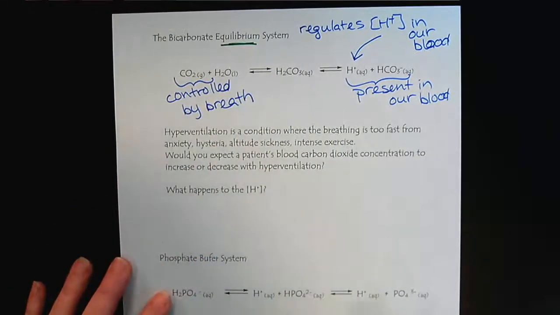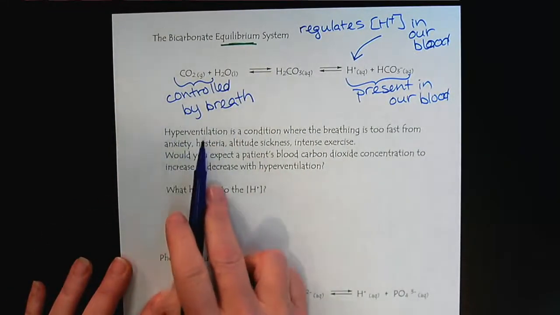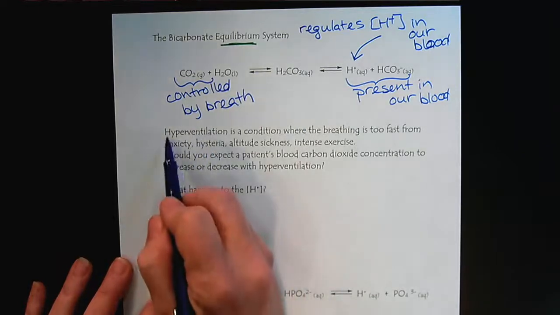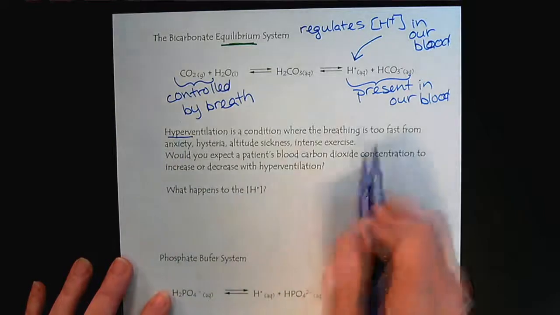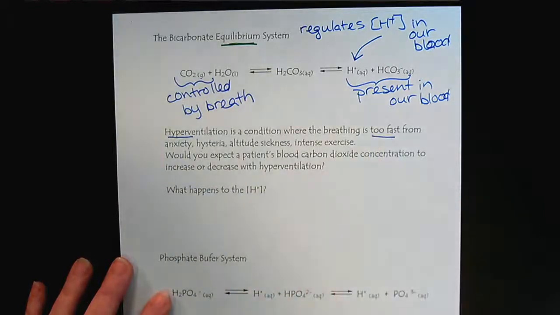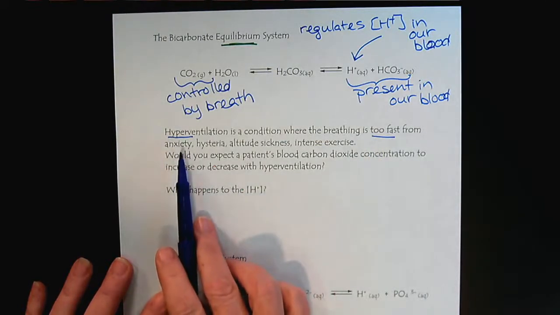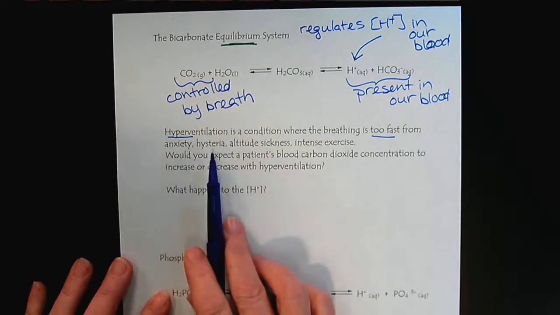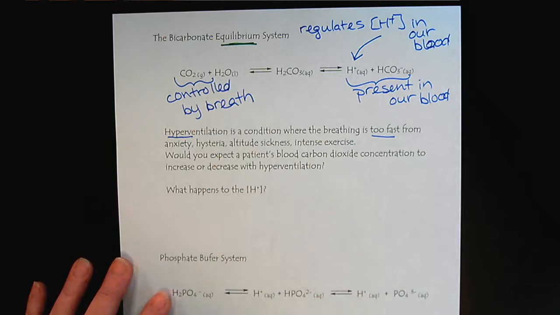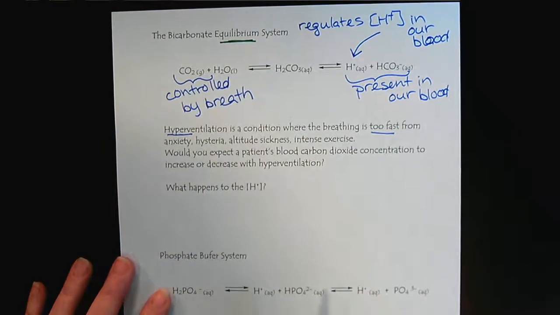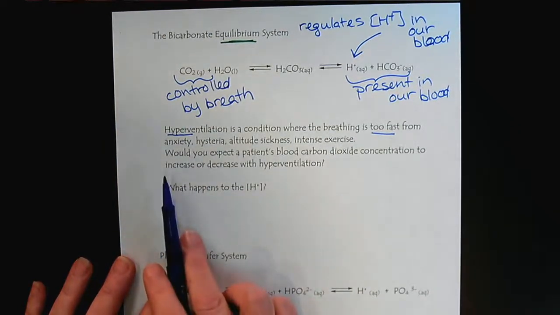So let's look at the example of hyperventilation. Hyper, like someone's hyperactive, too much energy. Hyperventilation, too much breathing, comes from a variety of sources: anxiety, hysteria, altitude sickness, intense exercise. So there's lots of reasons we could start hyperventilating. This is the key, the goal of this section.